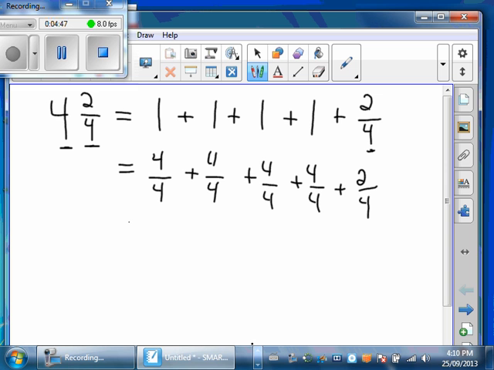Well, now we simply add up our totals. 4 plus 4 is 8. 8 plus 4 is 12. 12 plus 4 is 16. And 16 plus 2 is 18 over 4.